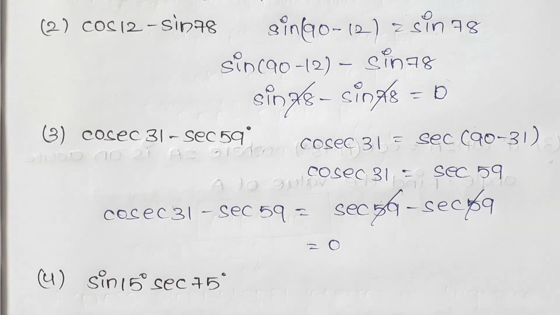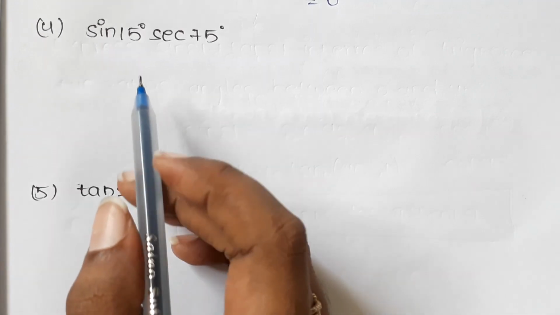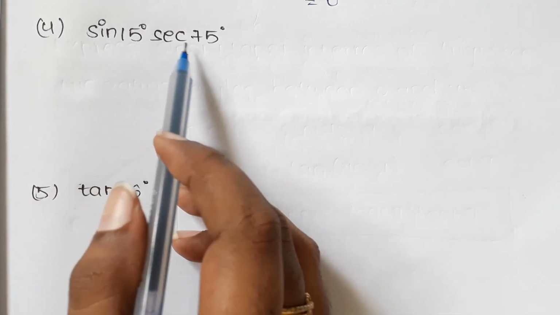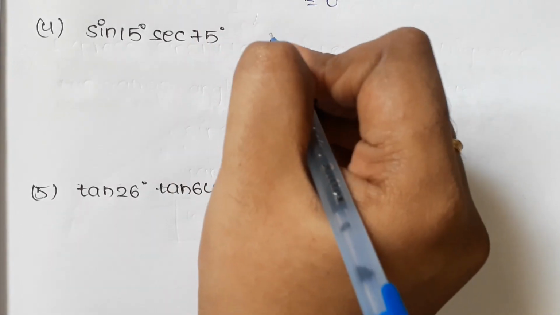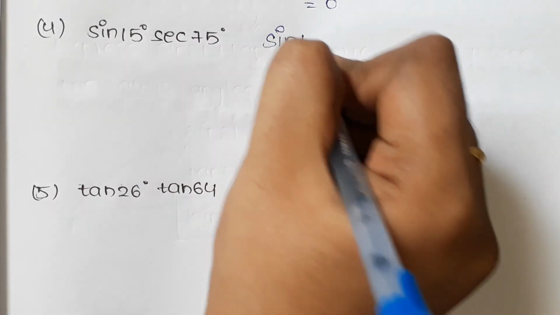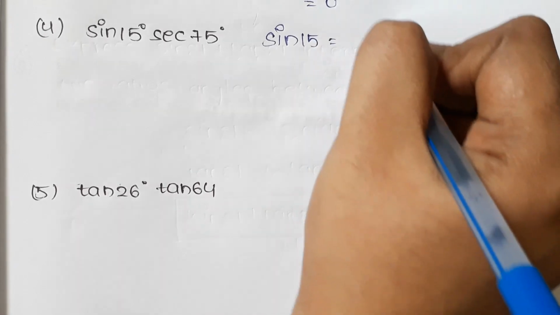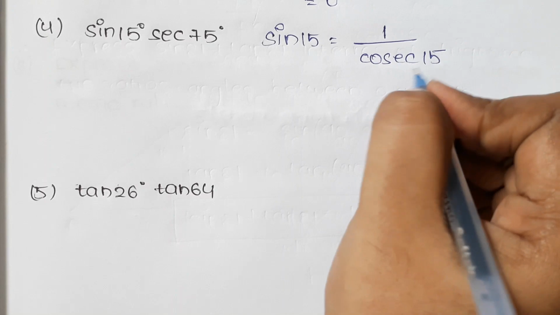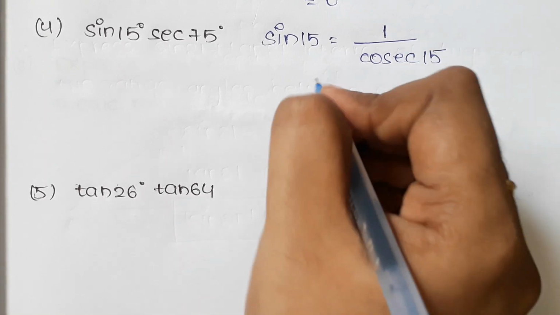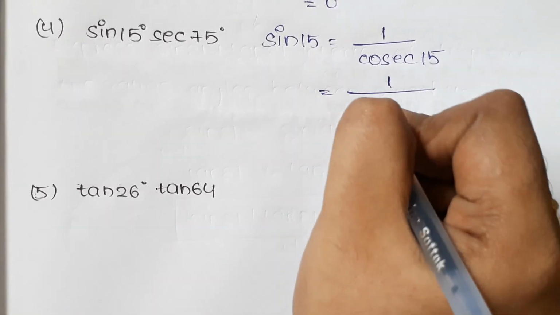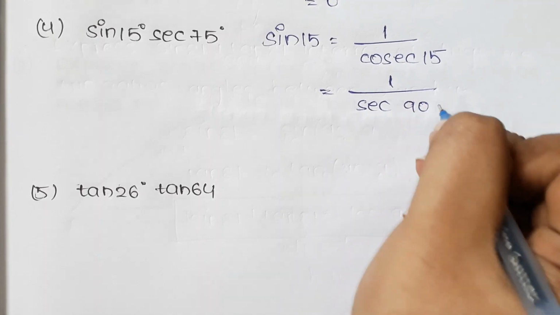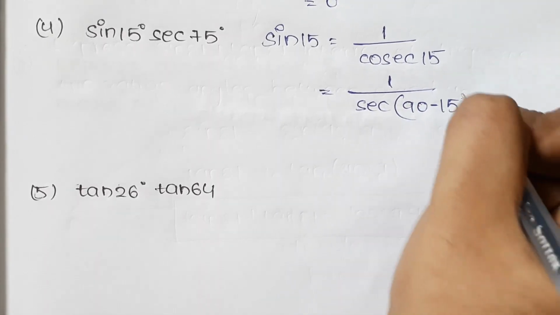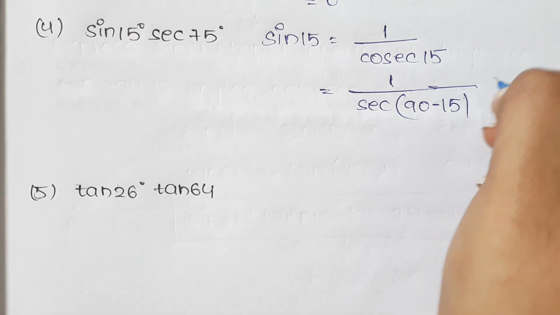And this is the third one. Let us see the fourth one, that is sin 15 into secant 75. Now here let us take sin 15 equals 1 by cosecant 15. And this cosecant 15 can be written as secant 90 minus 15, that is secant 75.